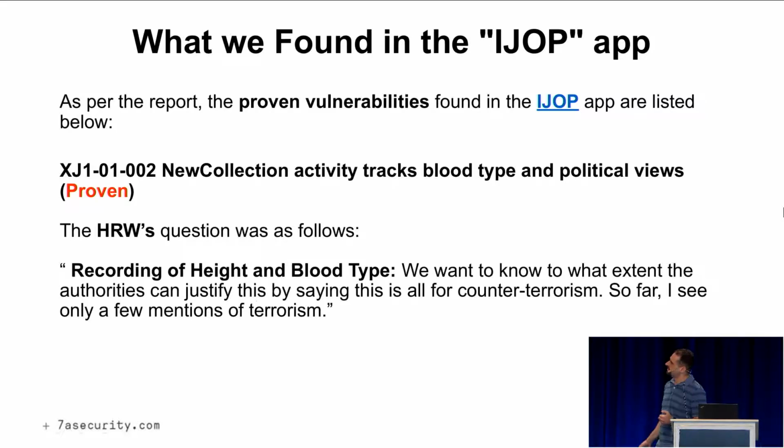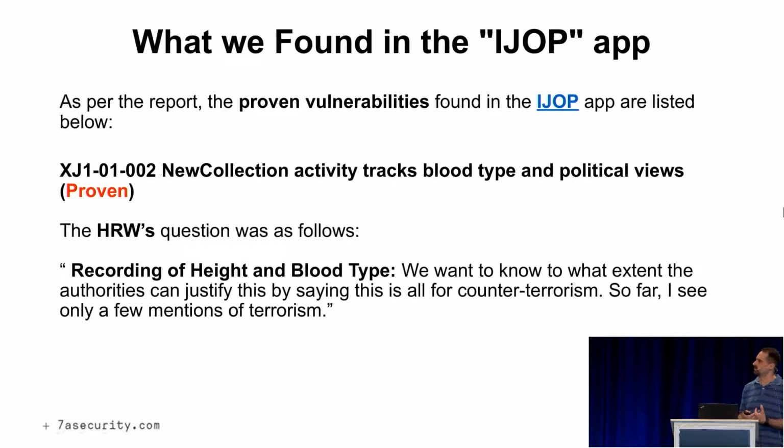Now, this report is not really a pentest report. These are more analysis reports, right? Because we're trying to find evidence of activities. The goal of the test in this case was not to find security vulnerabilities, it was to find what they are doing with this application.